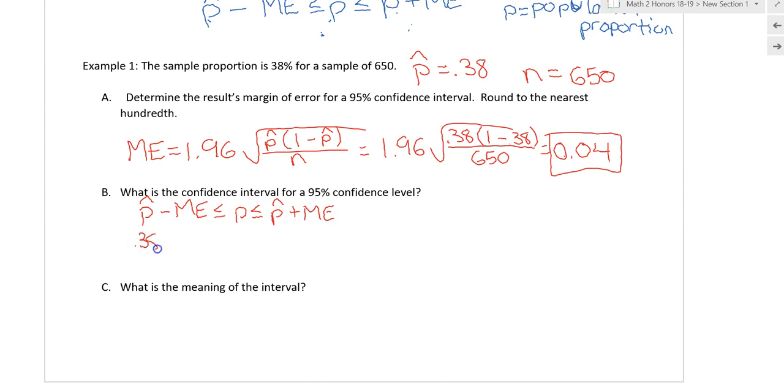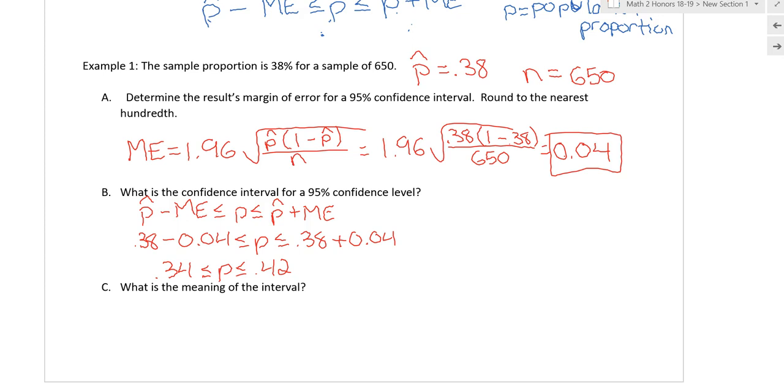So that's 0.38 minus 0.04, which is 0.34. So we're reasonably certain that our actual proportion is going to fall between 34 and 42%.